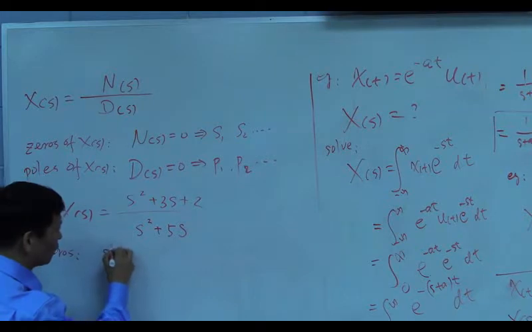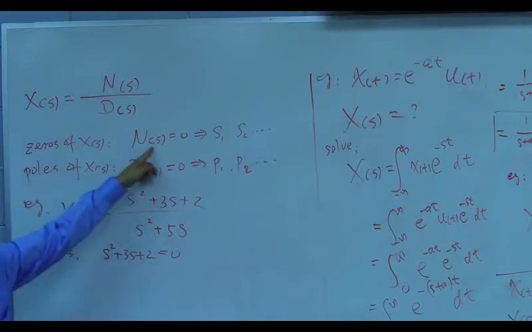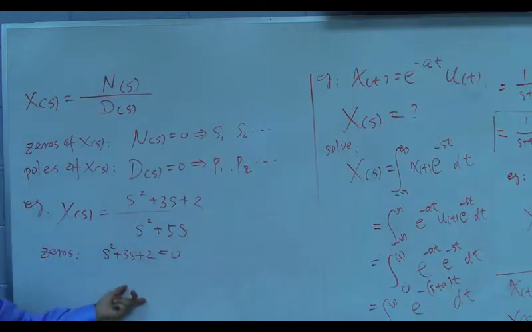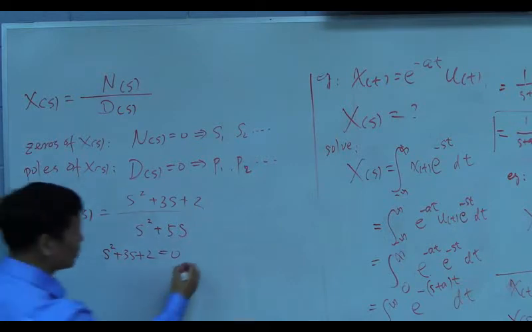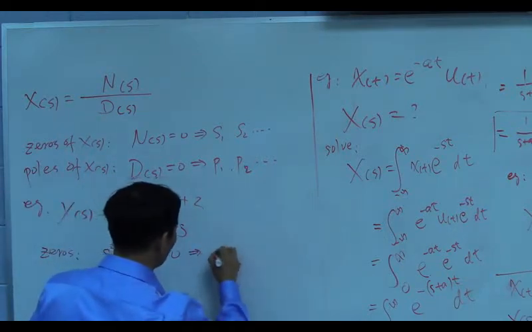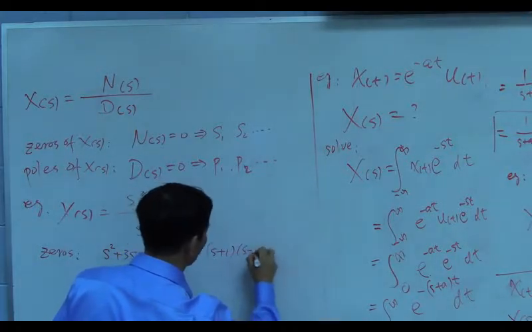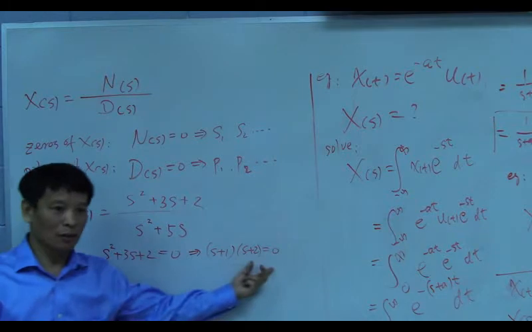We take s squared plus 3s plus 2 and make it equal to 0, and we solve this equation. You can use any technique. Quadratic formula, factorization, no matter what, that's not the topic of this class. I prefer to factorize, so that will be (s plus 1) times (s plus 2) equal to 0.